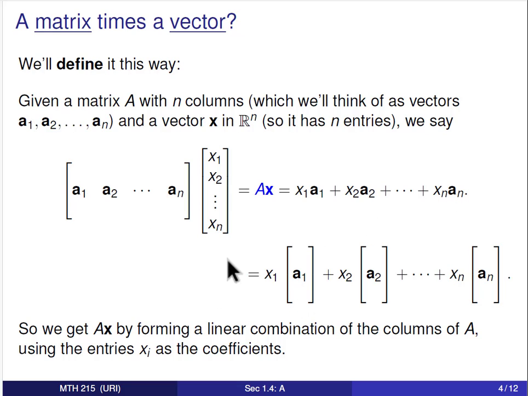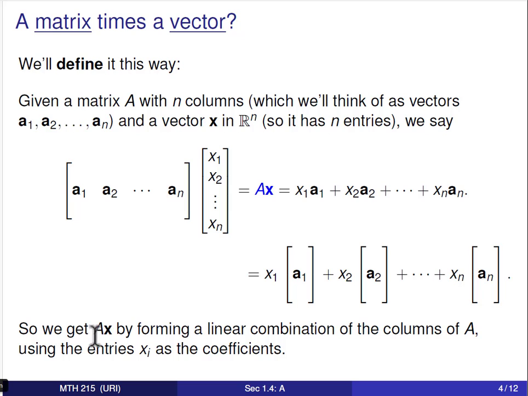We're taking column 1, multiplying it by entry 1 from the vector, column 2, multiplying by entry 2 from the vector, and so on up through column n multiplied by the last entry in the vector, and we add together these vectors. So if you take a look at what this looks like, you have a scalar times a vector plus a scalar times a vector, and we've seen something like that recently.